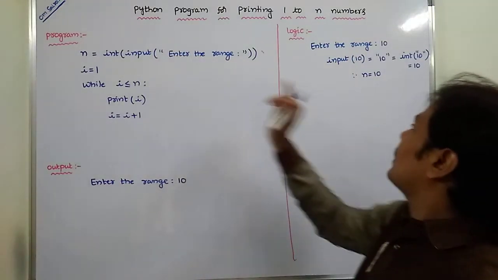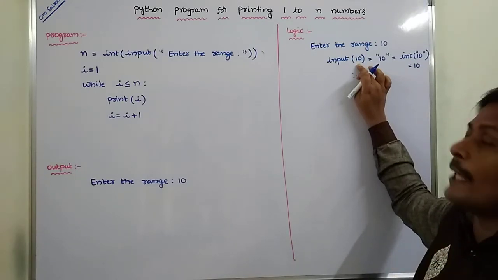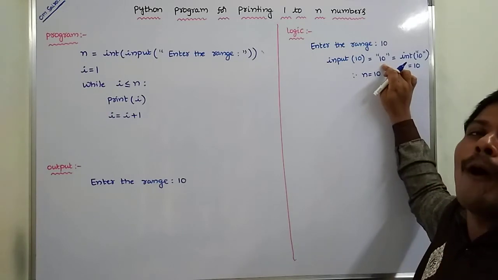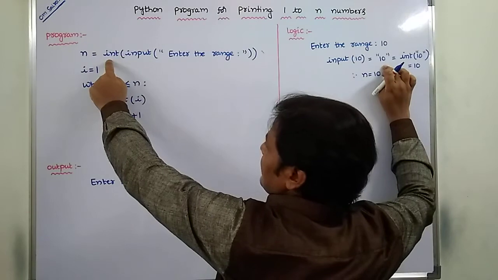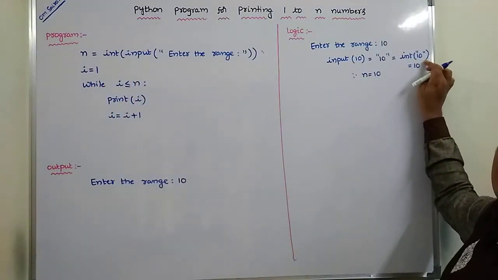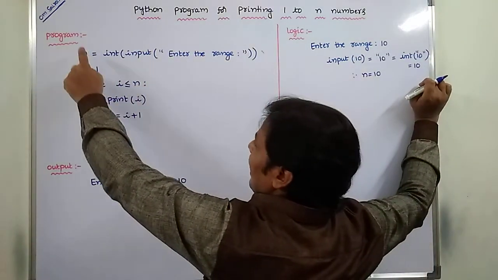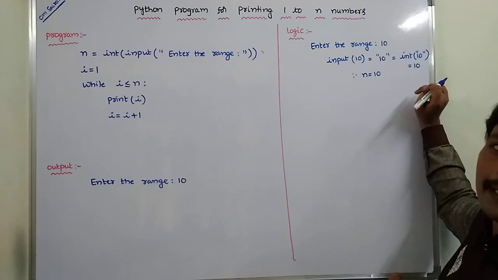The input function takes the value 10 entered by the user and returns the string of 10. This string of 10 is typecasted by int, then it is converted into integer 10. This 10 is assigned to the variable n on the left hand side.